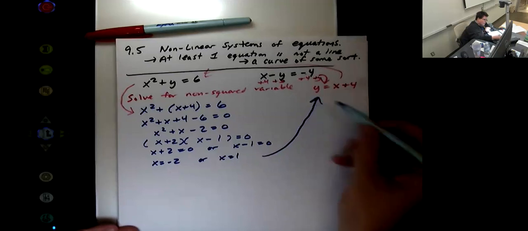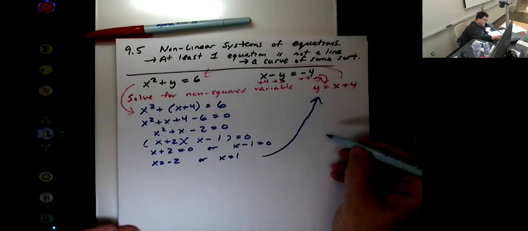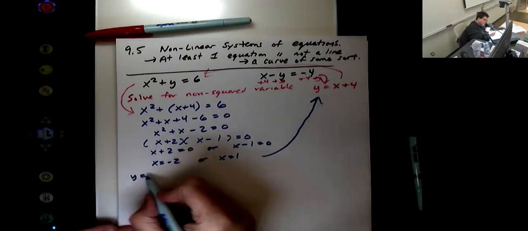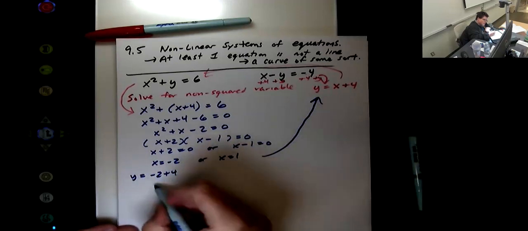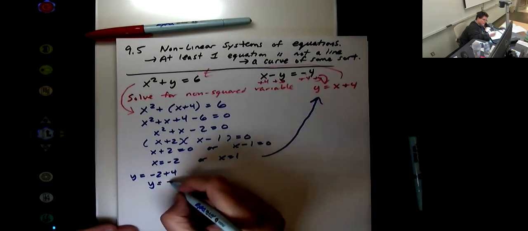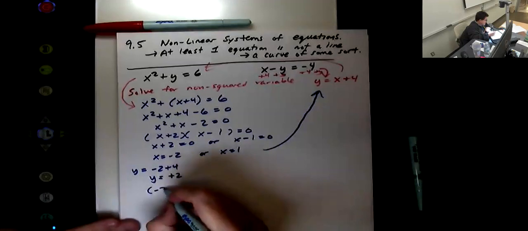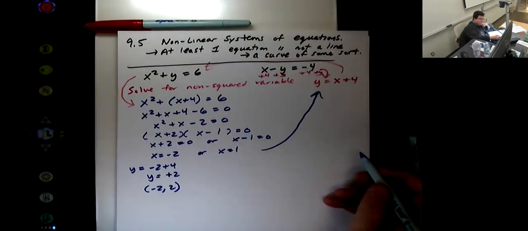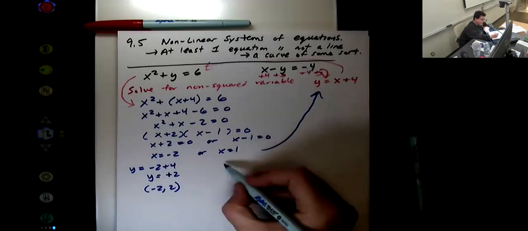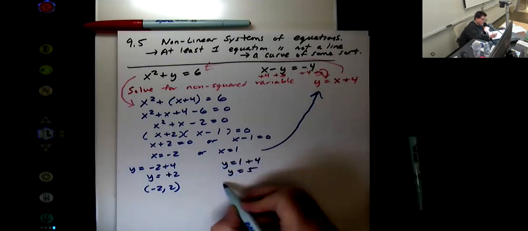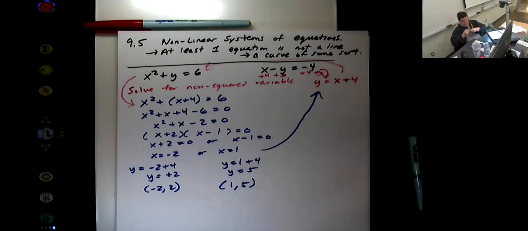Then we can go and plug them into y. Y equals -2 plus 4, so y equals positive 2. So I got the point -2, 2. And if I stick in 1, I got y equals 1 plus 4, y equals 5. I got the point 1, 5.